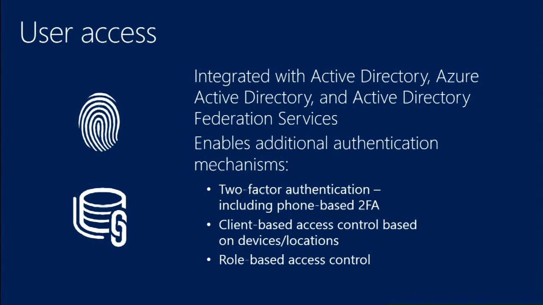Right? So with two-factor authentication, we have a couple of options. You can use RSA SecurID, which is quite popular, or you can use PhoneFactor, which is a company that we recently bought and integrated into Azure AD and Office 365. So now we recently released a public preview of two-factor authentication, and I can show you a little bit about how that works to make sure you have secure access to our service.